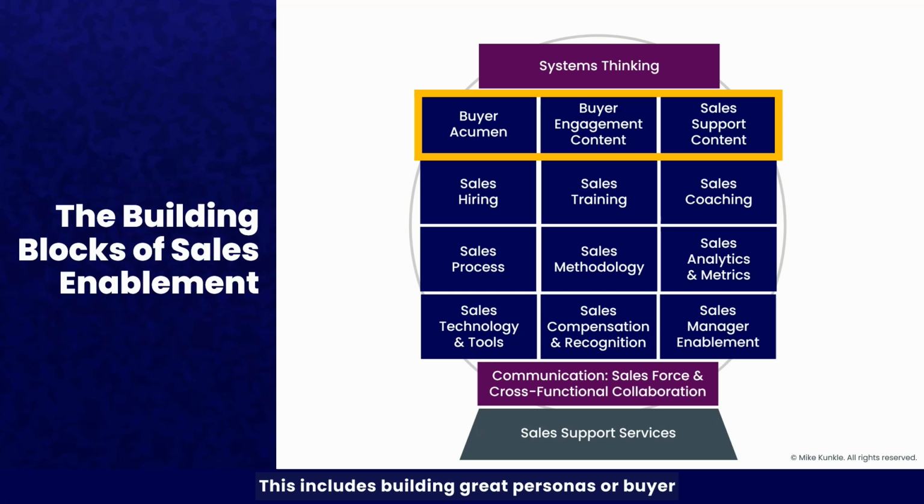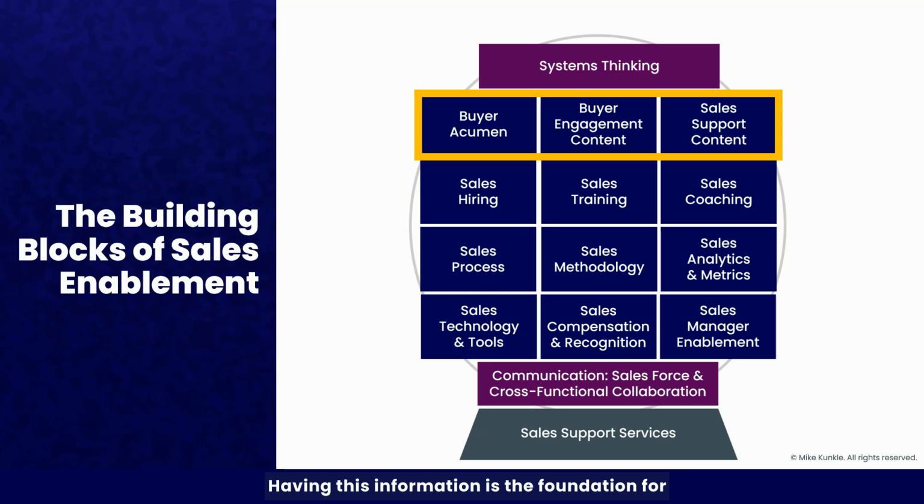This includes building great personas or buyer archetypes with the metrics that matter most, meaning how they're measured, plus emotional buying factors, the people they work with internally when buying a solution like yours, the buying process they go through or their buyer's journey, their decision criteria, and more.